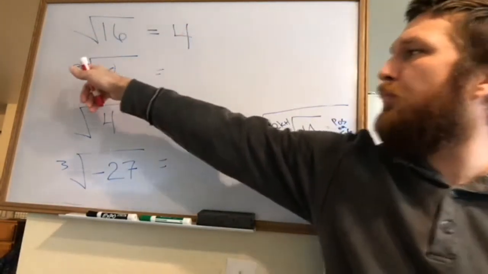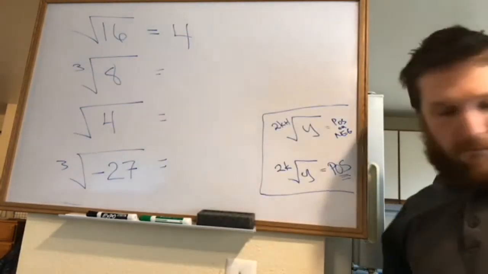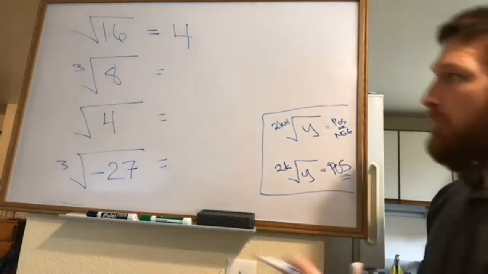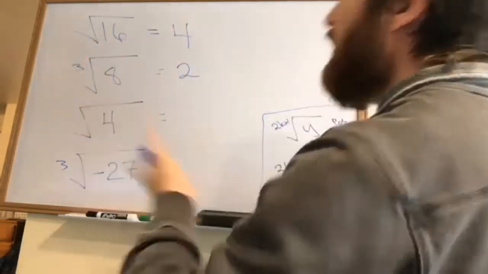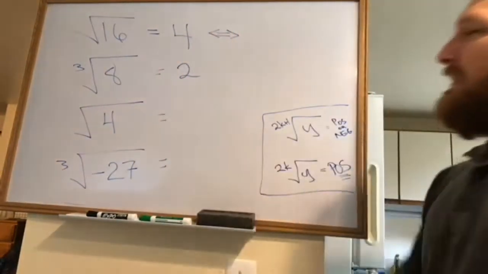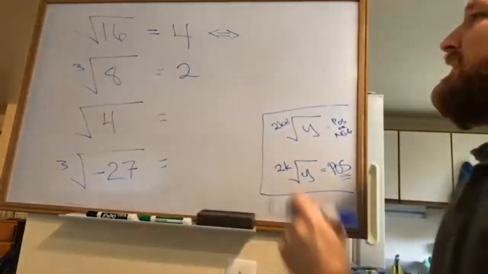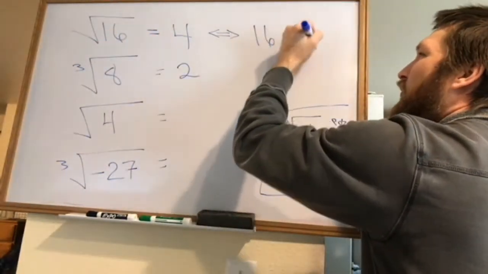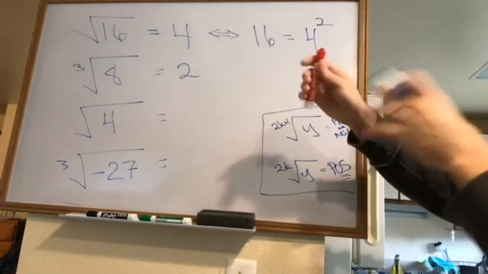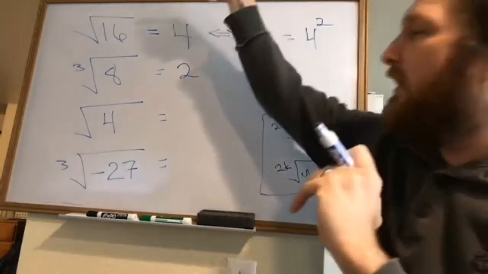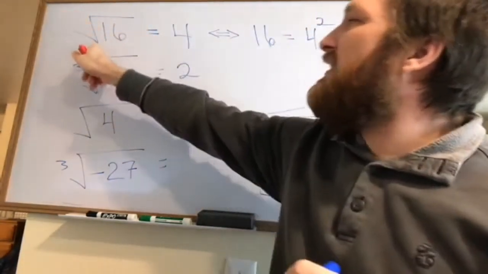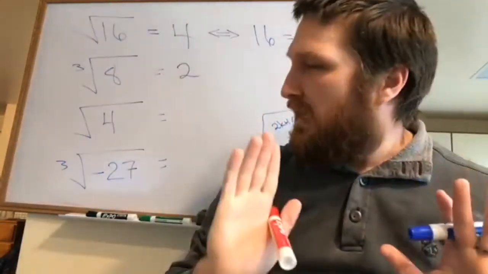What about the cube root of 8? 2. Yes, it is equal to 2. Why? The reason this is true is because 16 is equal to 4 squared. If we think about the game we were just playing, you took a number and squared it, and out came 16. Now this says, undo what you just did, and we know we're going to take the positive one.